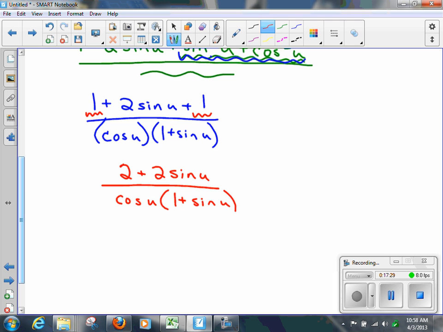Now what? Look at your denominator. Is there something I can do to my numerator that would help me eliminate something in my denominator? How could I do that, though? Factor out a 2, which is the what? The GCF, y'all.